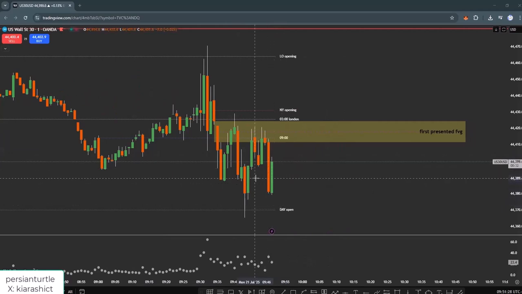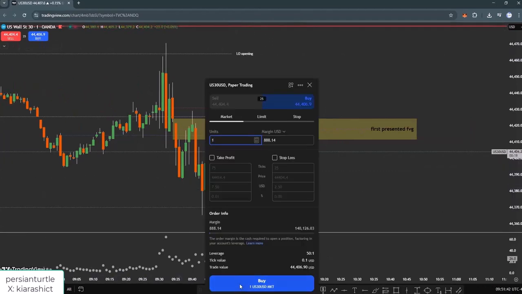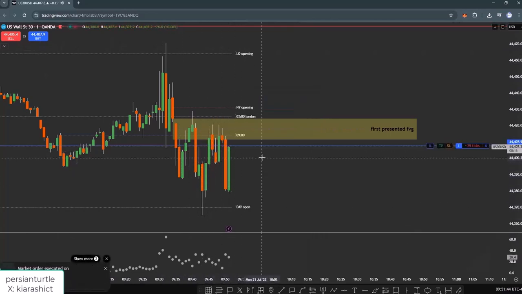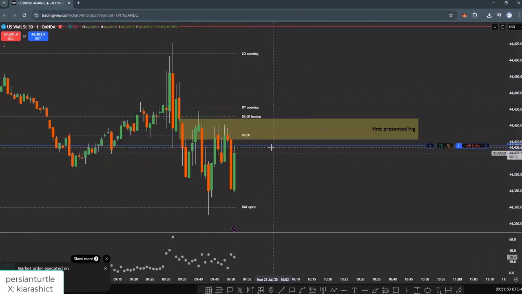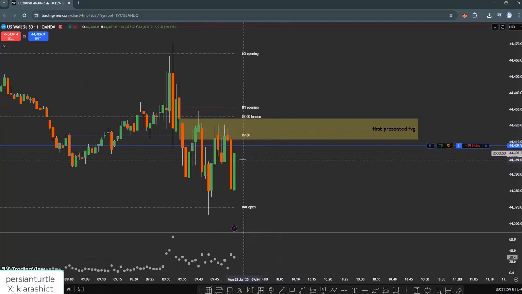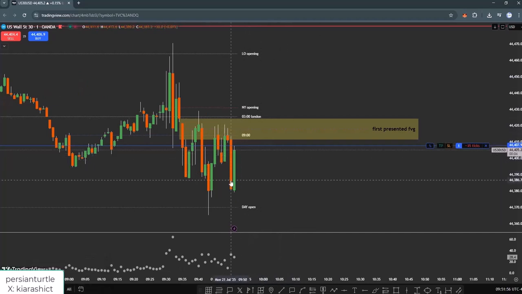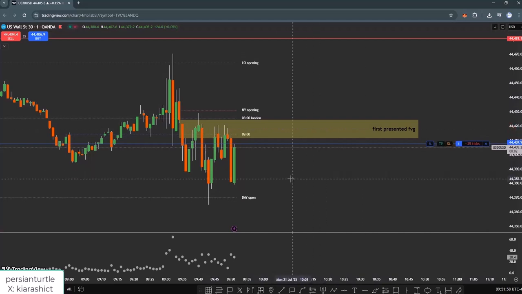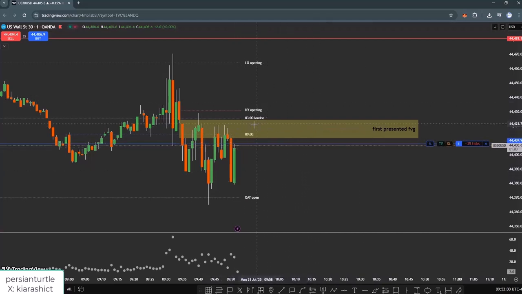For example, if you have seen an SMT here in Dow Jones, or if you have seen a PD array, I just opened only the time. If I had an array here, for example, if I had a buy side here and I want to buy here, I wait for this first presented FVG to be reversed at the same time as you see the 9:50 movement, and I will be following a target here until 10 o'clock.